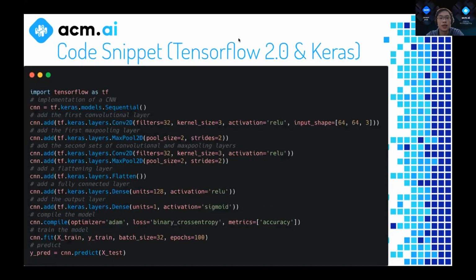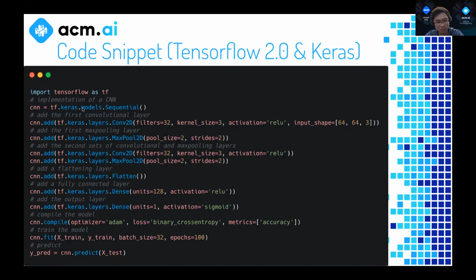So here's another implementation with CNNs with the Keras API from TensorFlow 2.0, just in case some of you come from a TensorFlow background. In my opinion, the Keras API is a lot more beginner friendly because all you're doing here is defining your CNN sequentially.